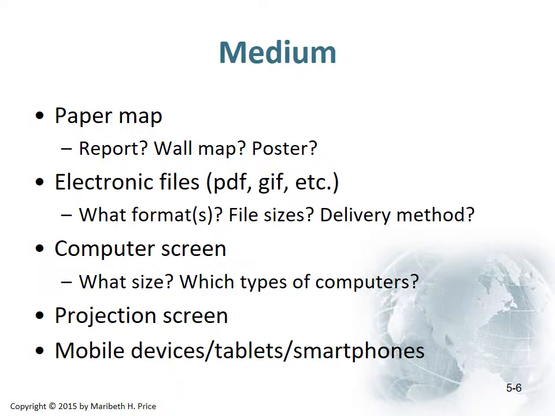So medium is something that's become a little bit more fluid these days. And if you're creating maps for public consumption, you may be creating something that needs to be able to be viewed on all of those devices at once, in which case you may need special software that creates multiple copies of the same thing at different resolutions behind your back and displays them to those people as they need them.